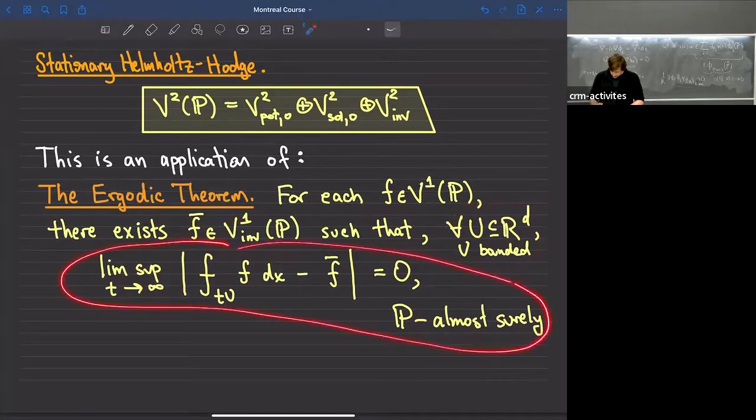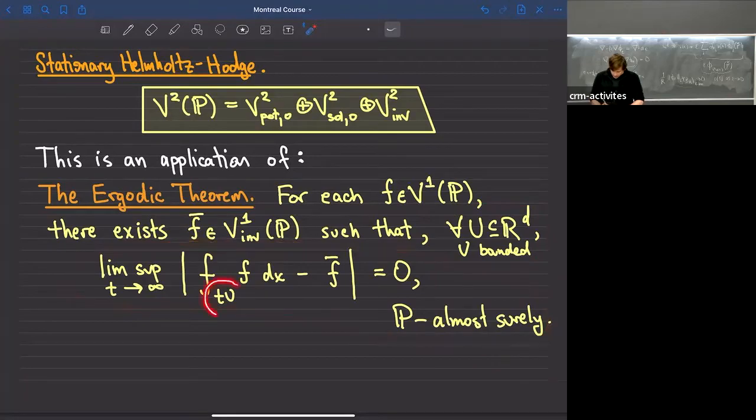Okay, so you take the domain, you scale it up by t, you blow it up, you integrate, you subtract this F bar like this, and it's 0. So in other words, this thing is converging to something which belongs to this invariant set or whatever. Okay, and this happens P almost surely.